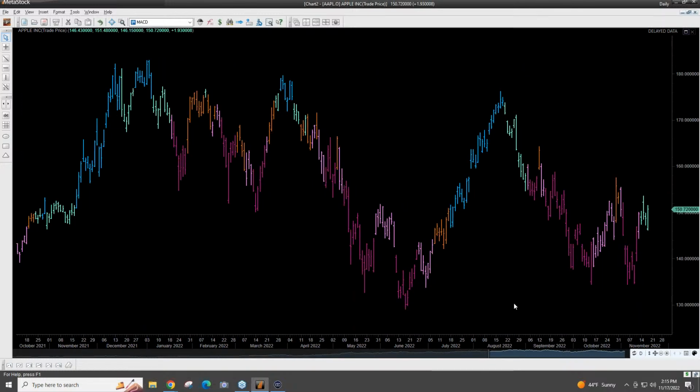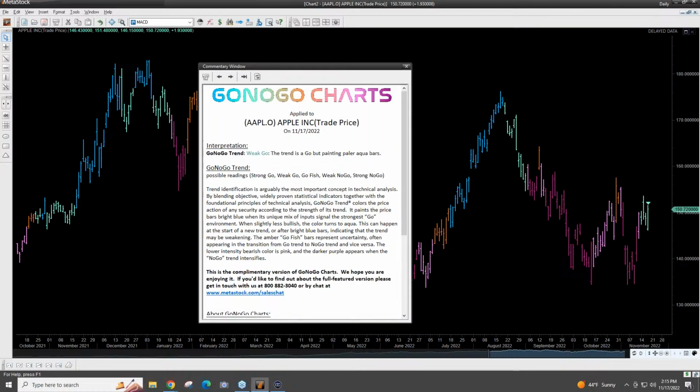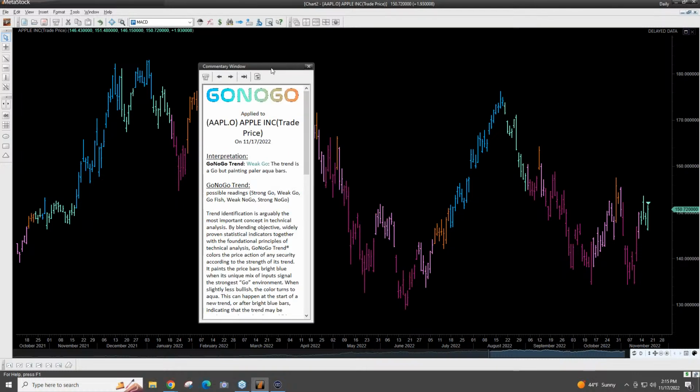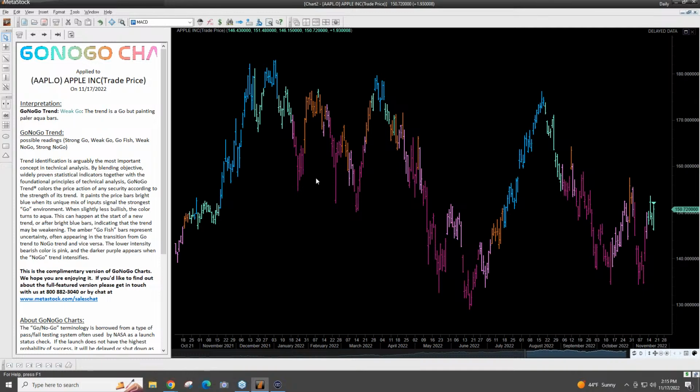Okay, so one of the power tools of MetaStock is the expert commentary window. I know that we're one of the only companies that actually has this in our program. I like to just dock it to the left side.